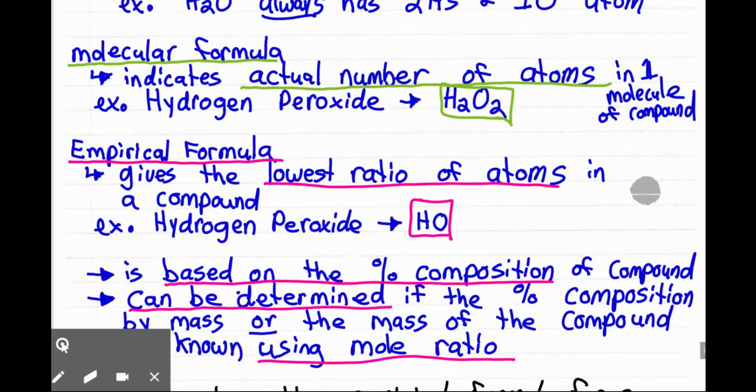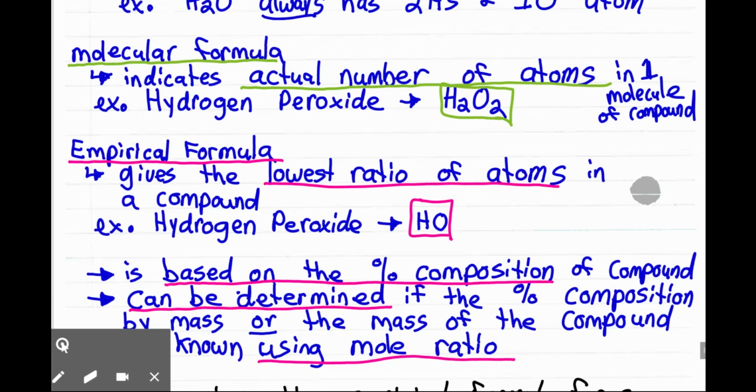Now, the other formula that we often don't really consider is called the empirical formula. Instead of giving the number and type of atoms in one molecule of the compound, it tells us the lowest ratio of atoms in the compound. So the molecular formula of hydrogen peroxide, shown in the green, is H2O2.